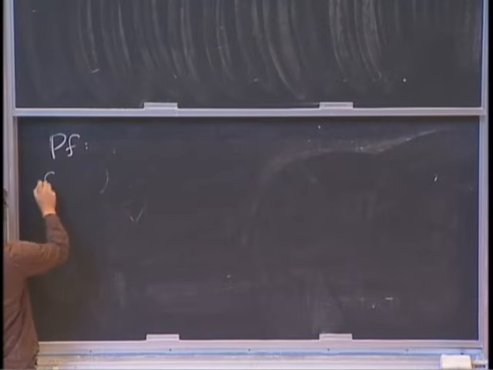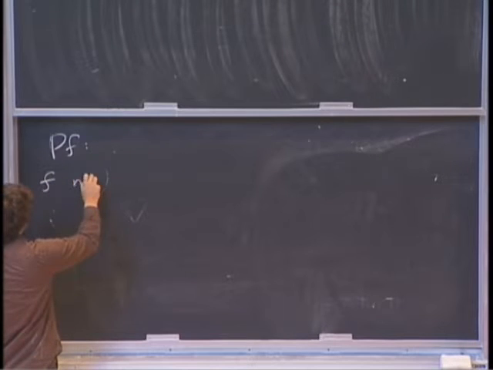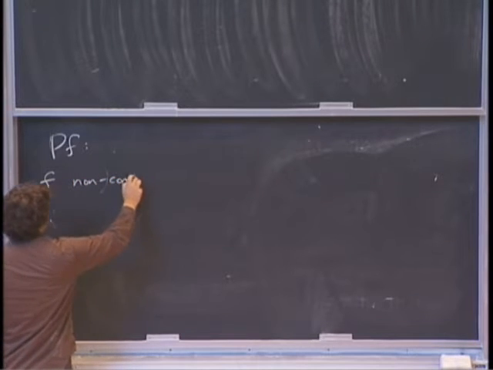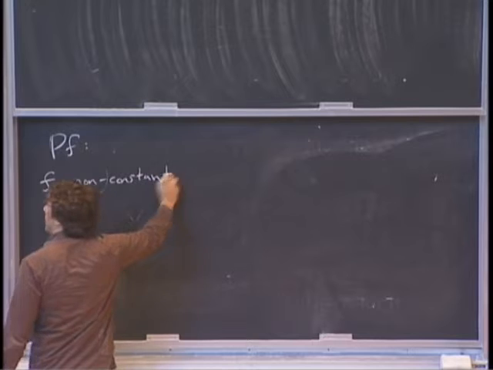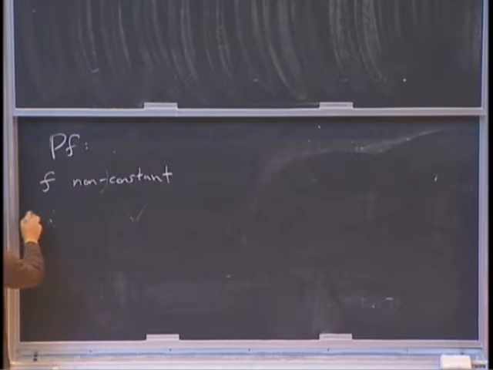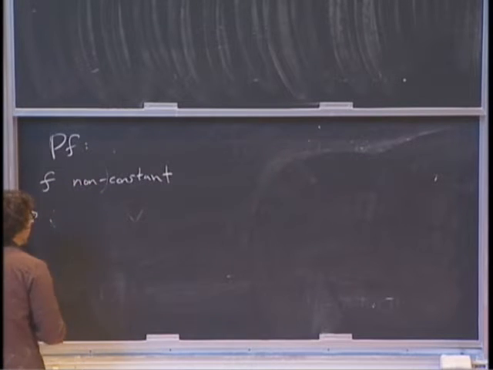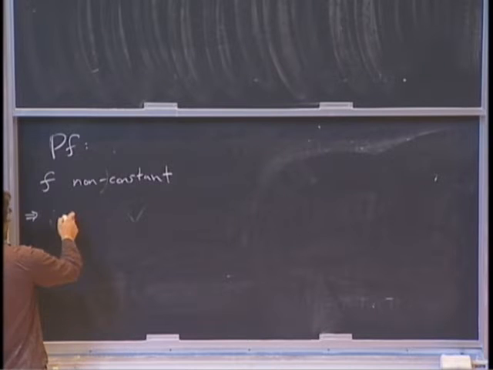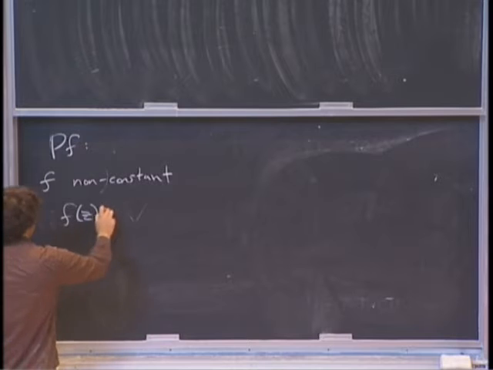So the point is f is non-constant, right, so it's not identically 0. And that tells us, by a standard power series expansion, that f has the following form.